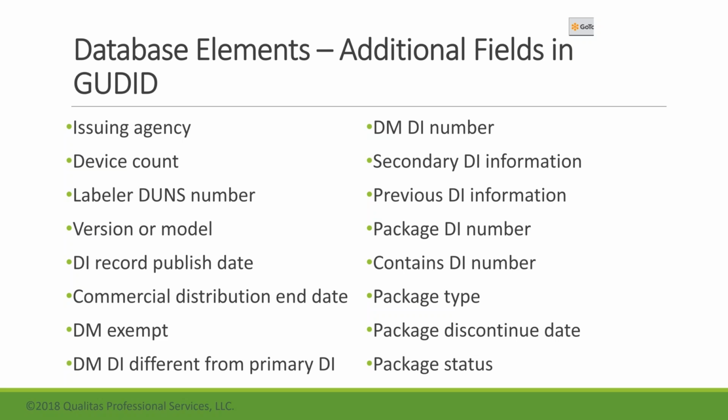There's nothing in the Eudamed about commercial distribution end date, which I think is interesting. The direct marking exemption information. The US does allow a secondary device identifier to be used, and that information all needs to be put into the GUDID as well. So the data elements for the US seem a lot more granular in nature.